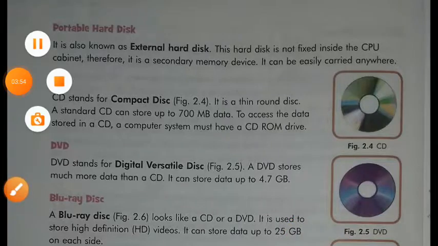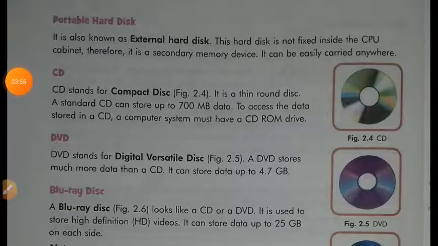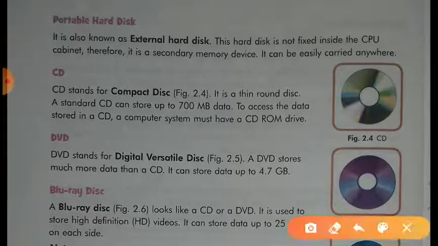Dear students, DVD stands for digital versatile disc. A DVD stores much more data than a CD. It can store up to 4.7 GB. Now the third topic is Blu-ray disc.